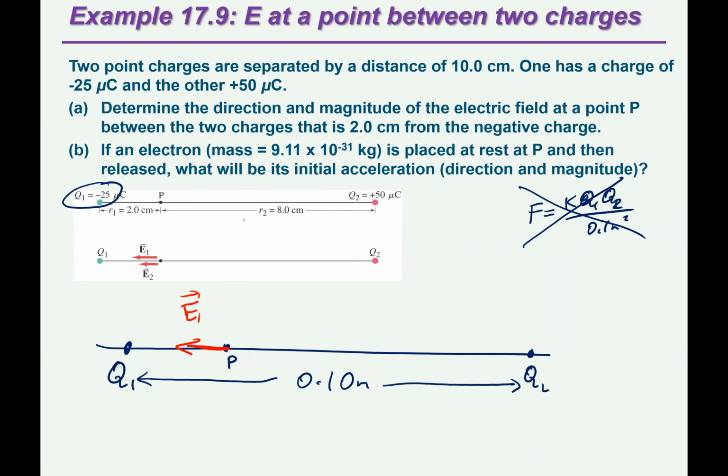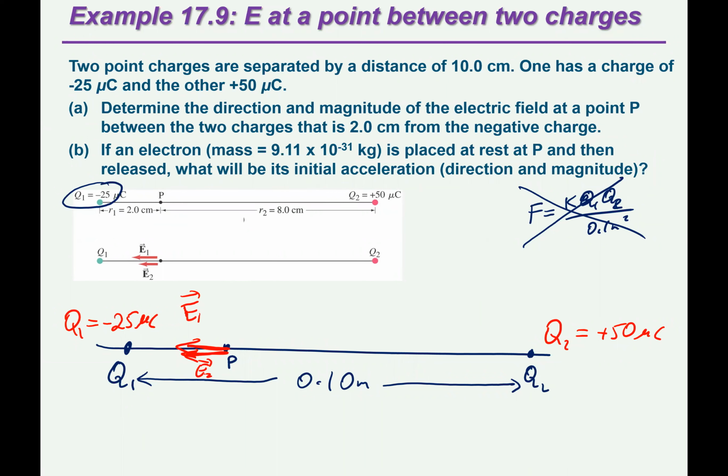Hopefully you understand why: the electric field is toward the negative charge. Q2 is plus 50 microcoulomb, and it also has an effect at that point P. In which direction is the electric field? Radially away, which also means to the left. So this is E2.